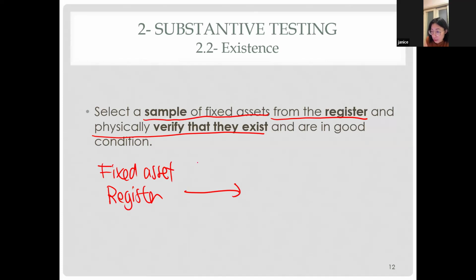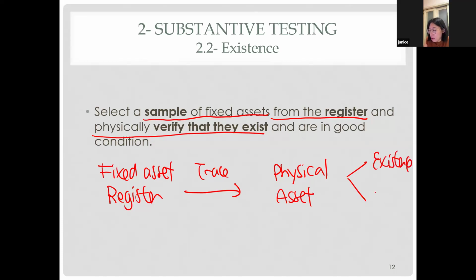So we trace to the physical asset. And when we do that, it helps us to verify two things: the existence, and it also helps us to know the condition, right? Remember, the Lexus was badly damaged. So the only way to see if it's damaged or not is really to go and see the car itself.